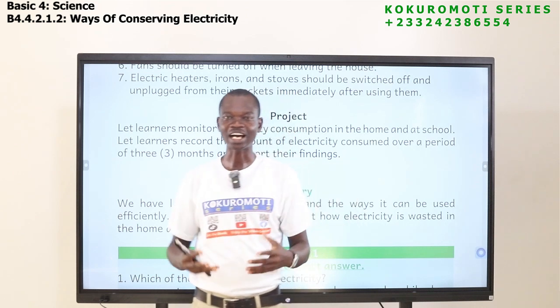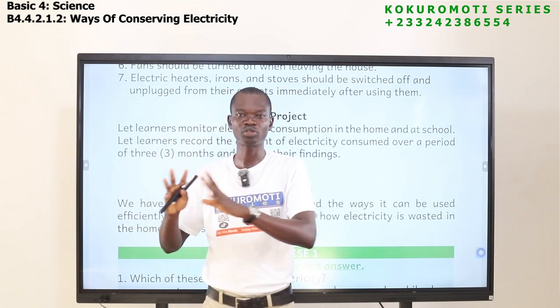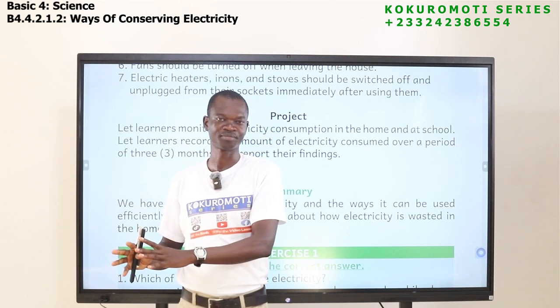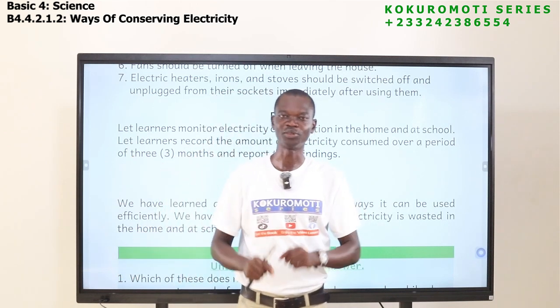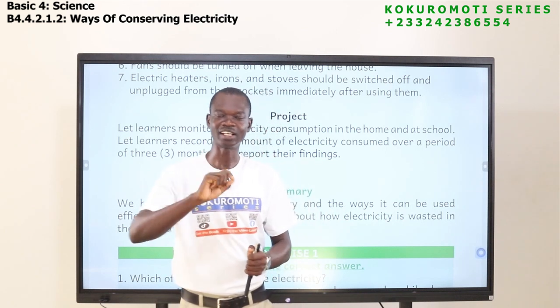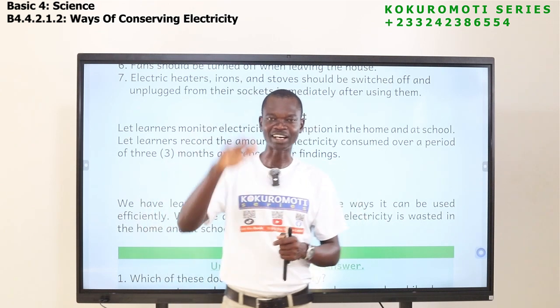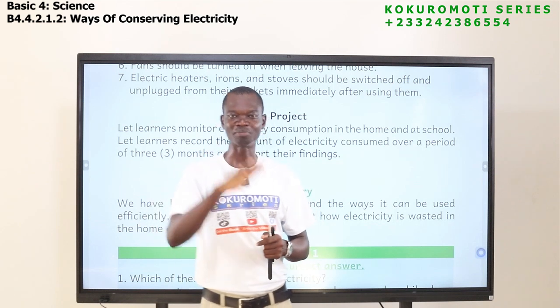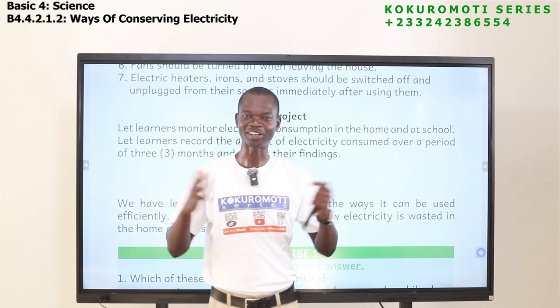We have also seen how to conserve energy, or the best way to use electricity. So what are you going to do from today onwards? What are you going to do so that the electricity bill will not go up again, but rather the amount that you pay will be reduced or come down? What are you going to do?